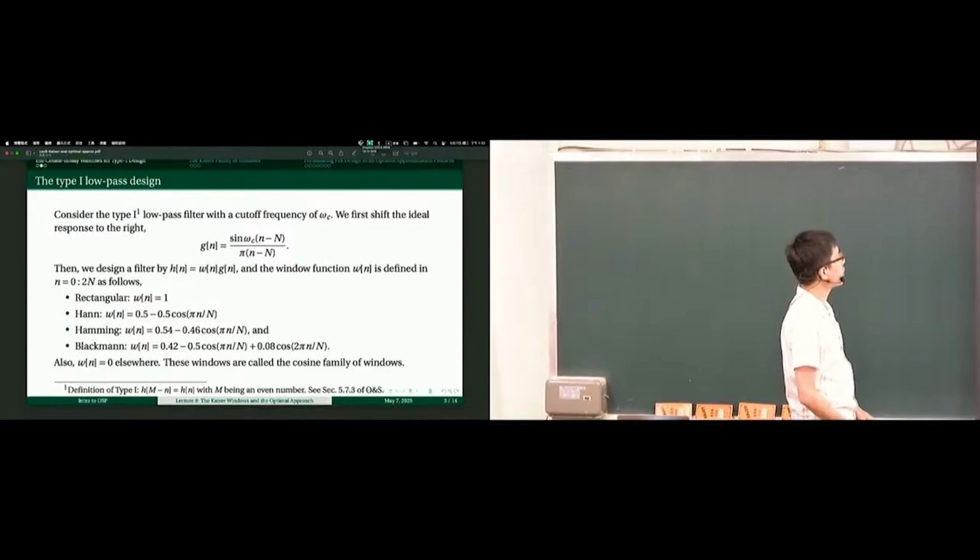So now Type 1 low-pass design. First we define this terminology, Type 1.